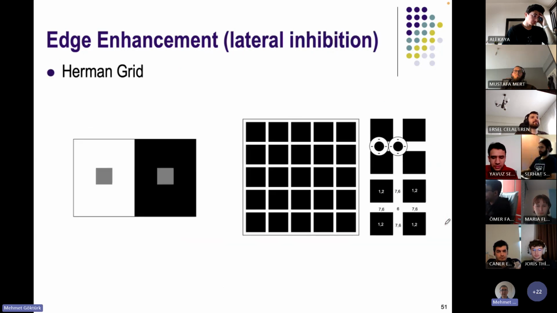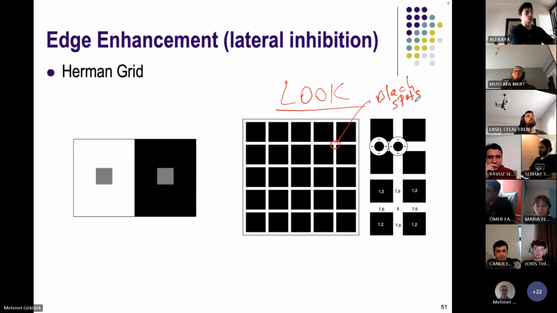So typical outcome of this is as follows. When you look at this closely, you will see black spots here. Do you see that? These black spots are the result of edge enhancement.